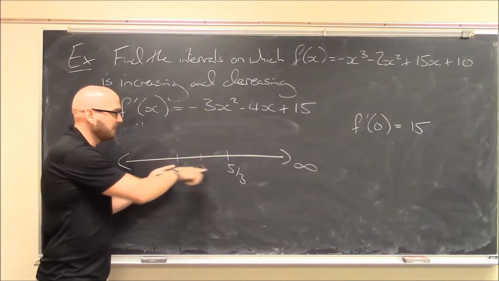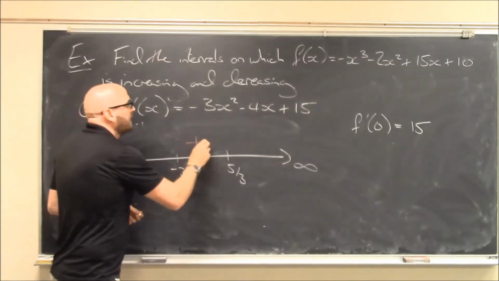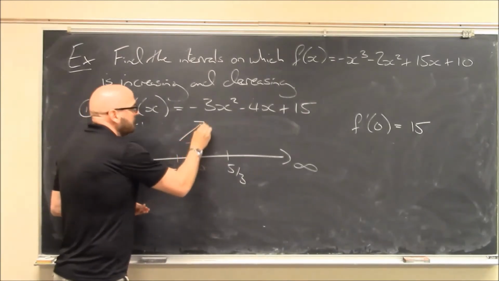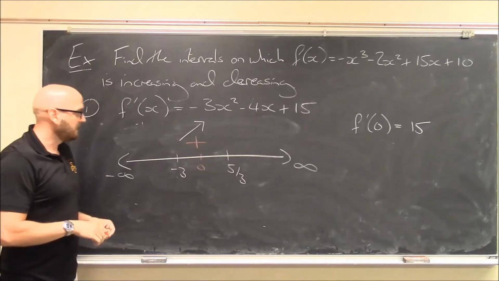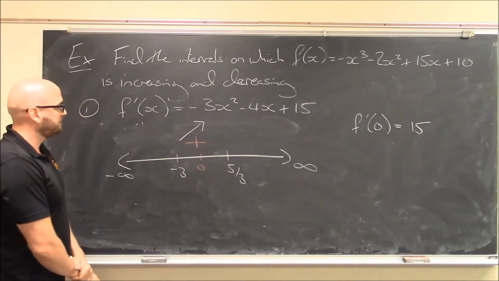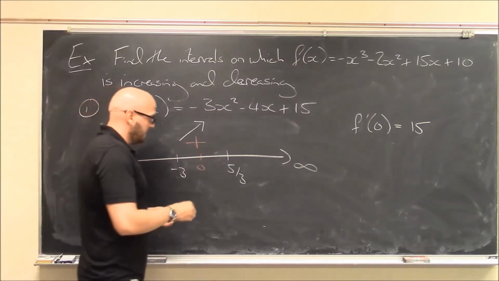No matter what you plug in from minus 3 to 5/3, you'll find that it's actually positive. So I'm positive on that entire interval, and that means my function is increasing on that interval, right? Because it's got positive derivative from minus 3 to 5/3. So that's awesome.